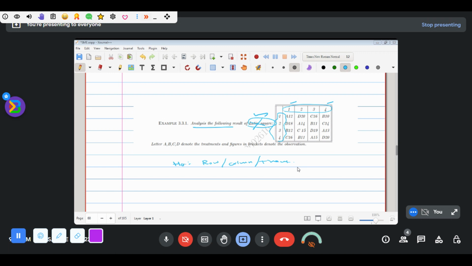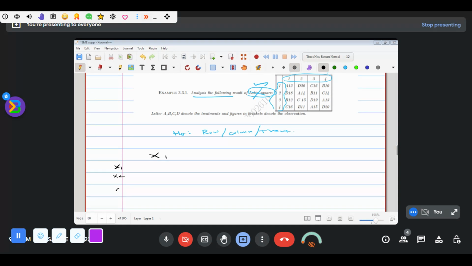What is the difference between two-way and Latin square? In two-way you write A, B, C, but in the Latin square you write x1, x2, x3, x4 only.